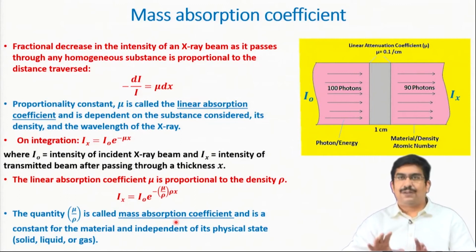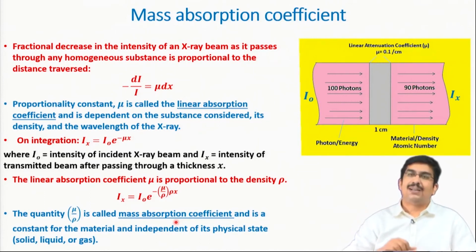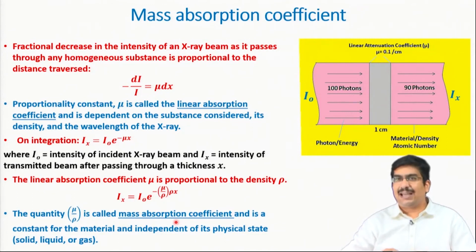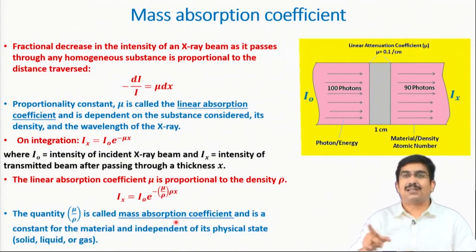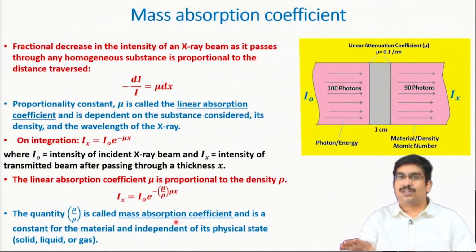For example, let us say we take nitrogen. Now we know that nitrogen is basically a gas, but if you press it and sufficiently cool it down all the way to minus 77 K, you can make it a liquid. The point is, the liquid nitrogen and the gaseous nitrogen will have the same mass absorption coefficient; that will not change.